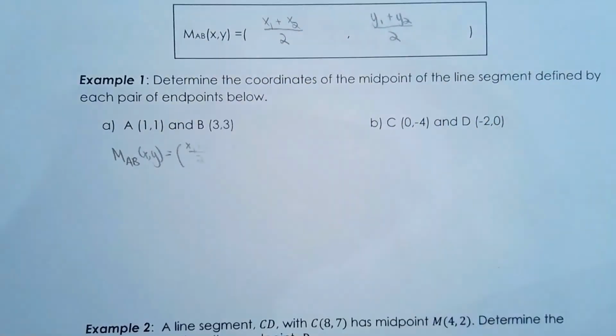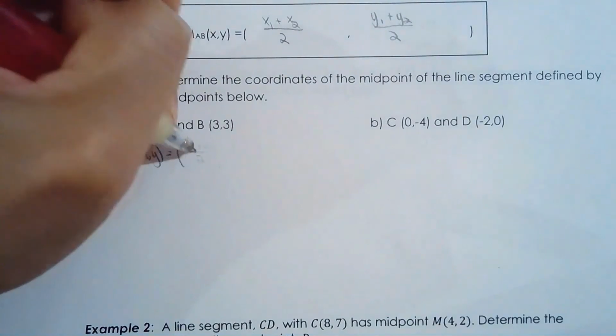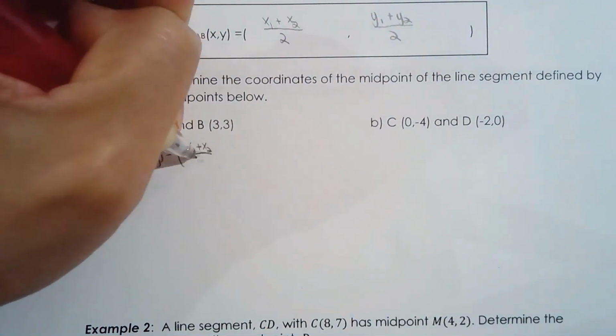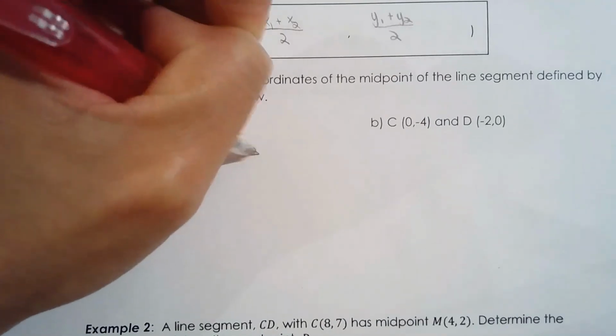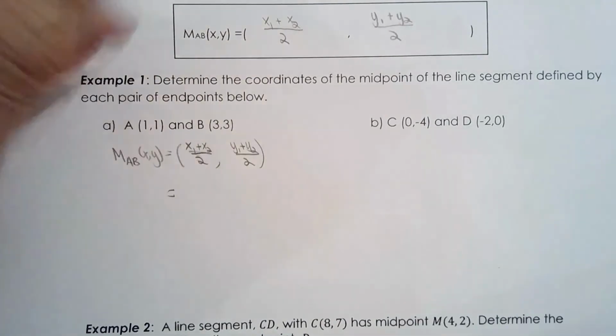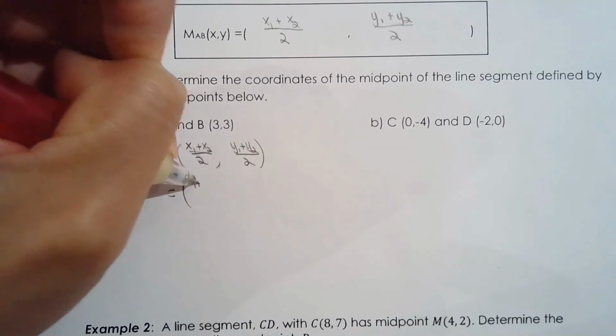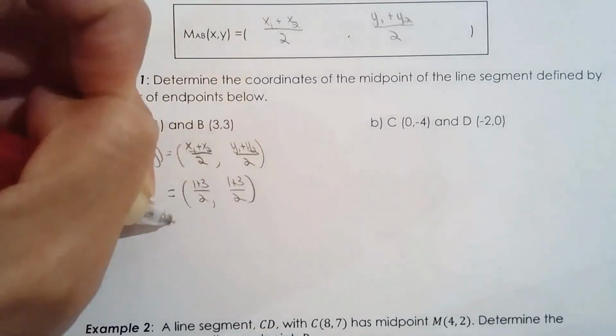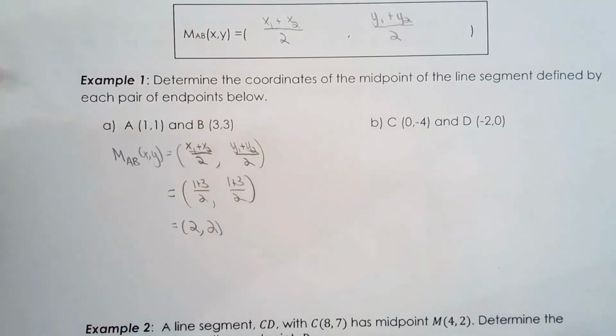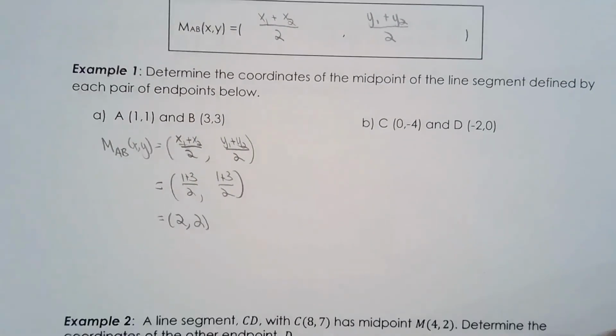You want to average the x values, average the y values. Okay, so (1 plus 3)/2, (1 plus 3)/2. So the midpoint of AB is (2, 2).